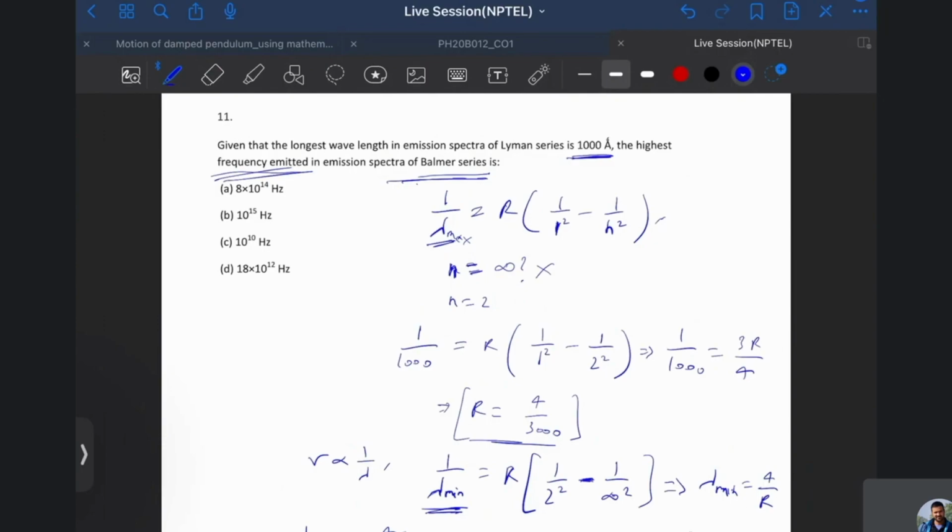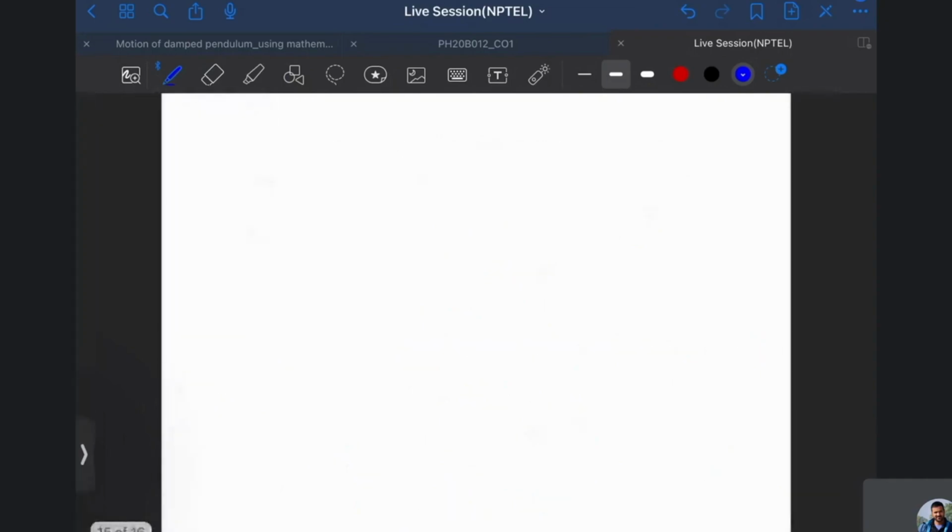C by lambda, correct? This is the formula, right? Frequency is equal to C by wavelength, correct? So let me calculate it here.